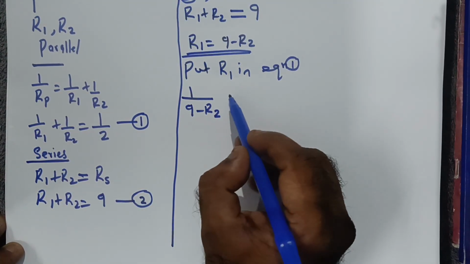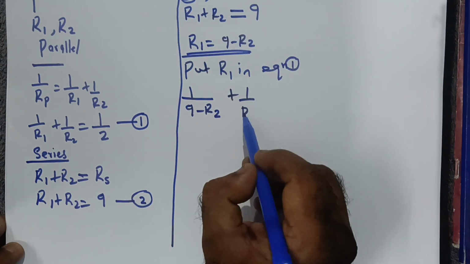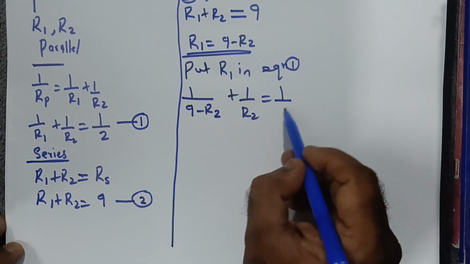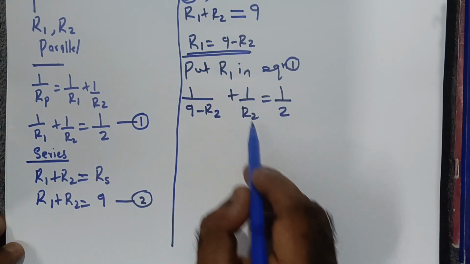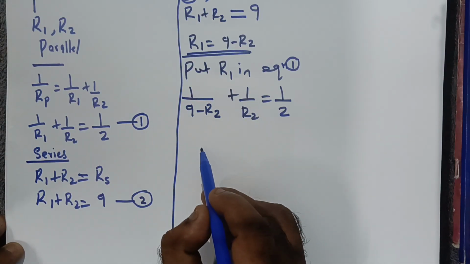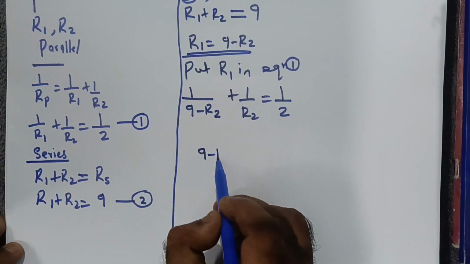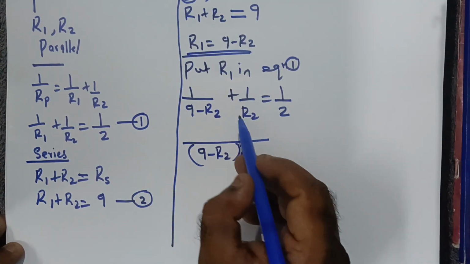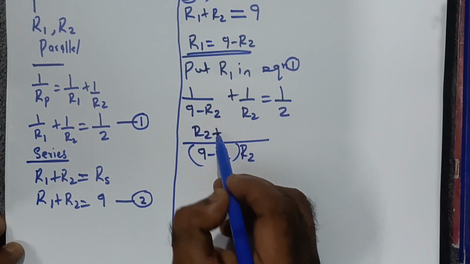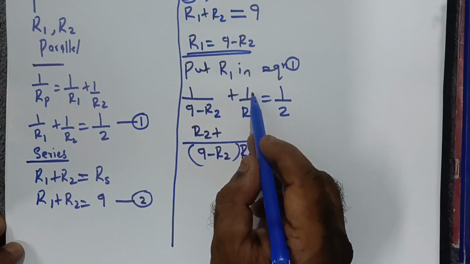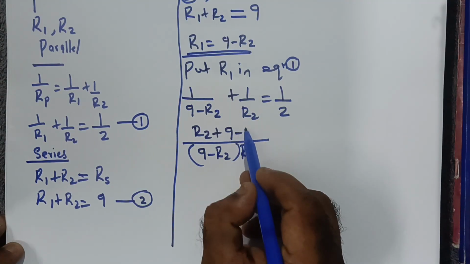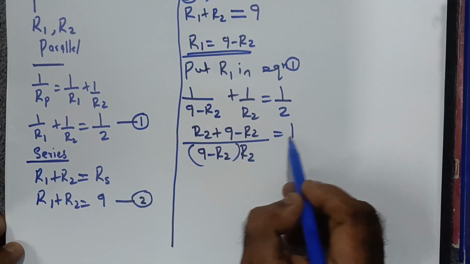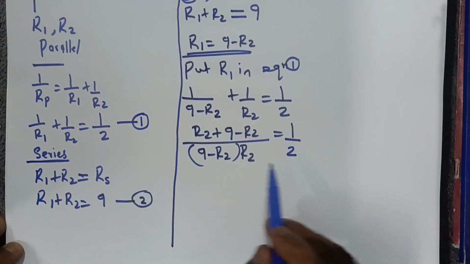1 by 9 minus R2 plus 1 by R2 equal to 1 by 2. Taking the LCM, 9 minus R2 into R2. This is LCM. Here R2 plus 9 minus R2 into 1. So 9 minus R2 equal to 1 by 2. Is that right?